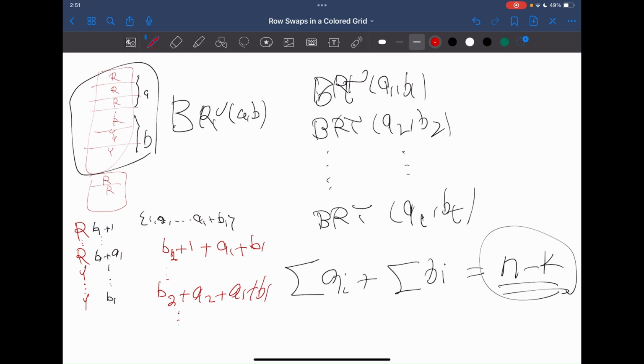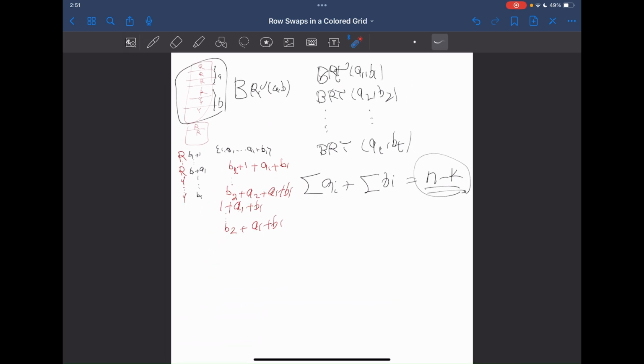Then I should start with 1 plus A1 plus B1 till B2 plus A1 plus B1. So shift everything by A1 plus B1. And that's it. That basically shows that this column is attainable by this permutation, and all this column is attainable by a combination of all these permutations I just showed you put together.